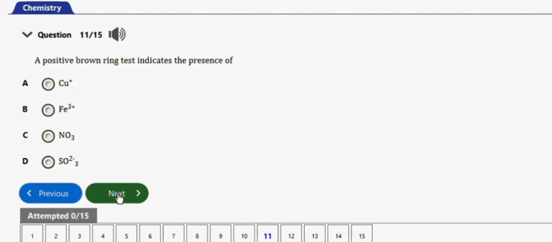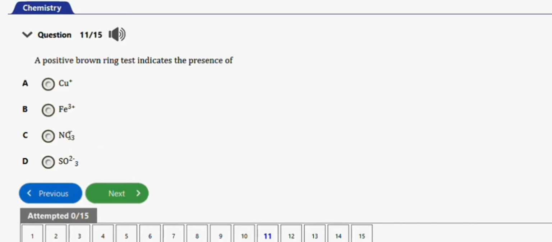Next question will be this one. It says the brown ring test indicates the presence of, so we have it to be not copper ion, it's nitrate.